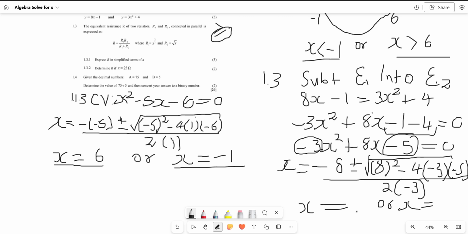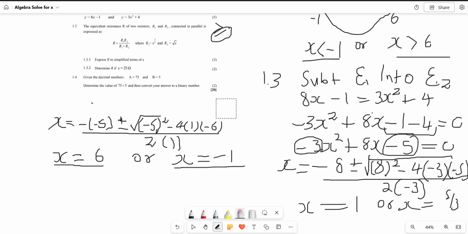The first value of x that we have is 1. We go back, put a negative. The second value of x that we have is 5 all over 3. Now let us erase here so that we have enough space.